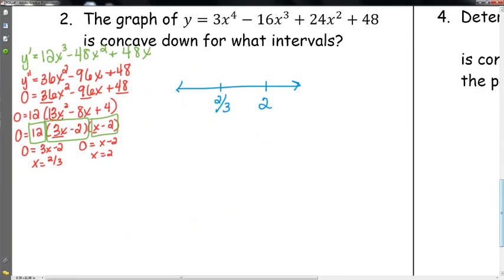So I'm going to list my factors over here next to my number line. And once again, I'm going to be plugging in values into my factors.